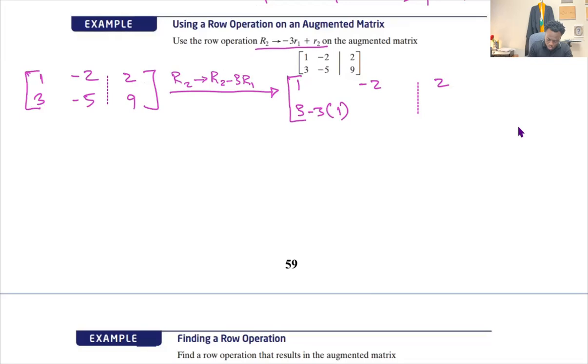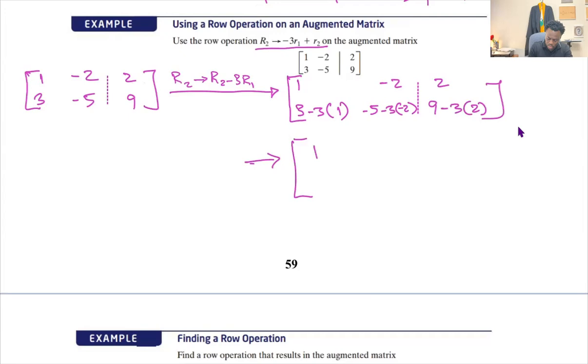And then we need to do the same operation for each part of the row. So that's -5 minus 3 times -2. And then do it on the other side as well. 9 minus 3 times 2.